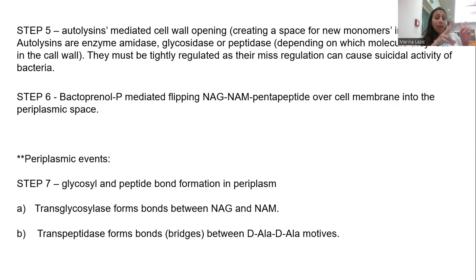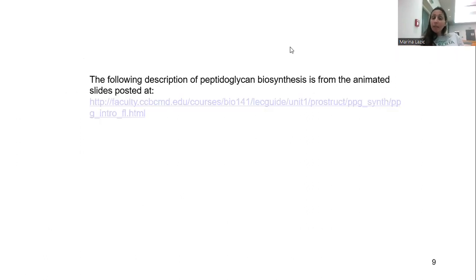Transglycosylase forms bonds between NAG and NAM, so basically two sugars. Another one, transpeptidase, forms the peptide bond between two alanines, so it makes that diala-diala conserved motif. And there is a very cool video of peptidoglycan biosynthesis that you can check if you want.